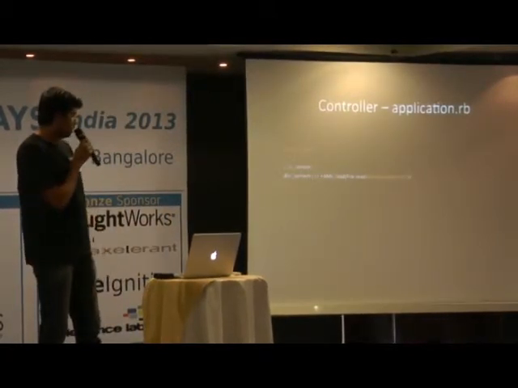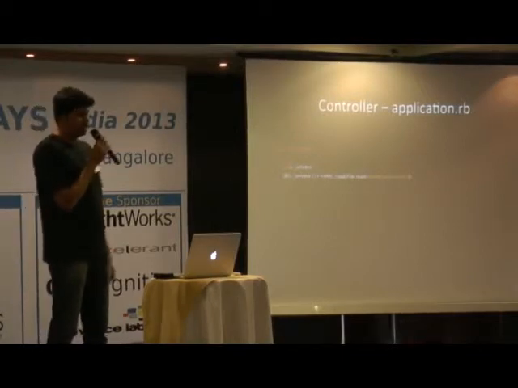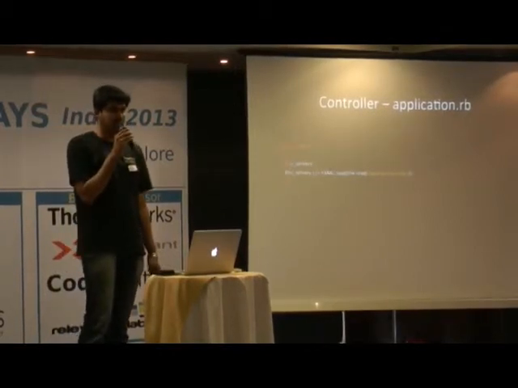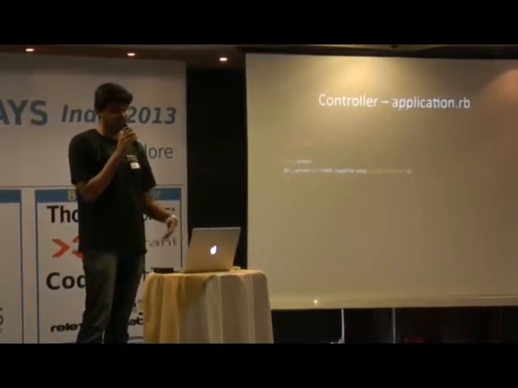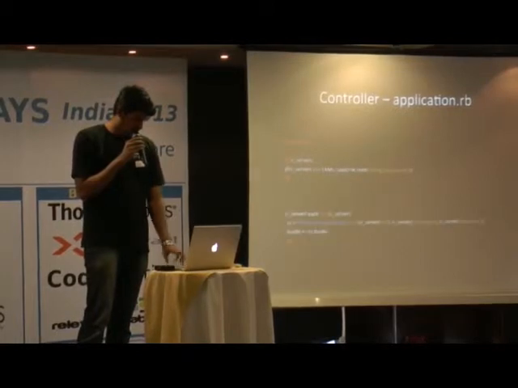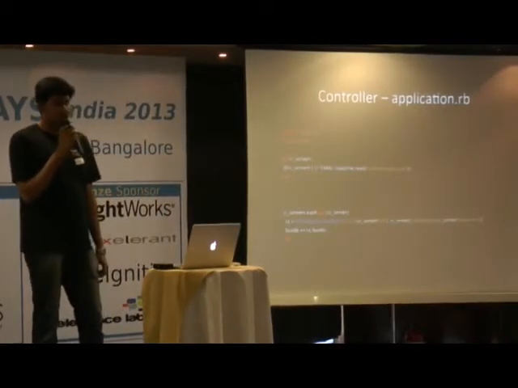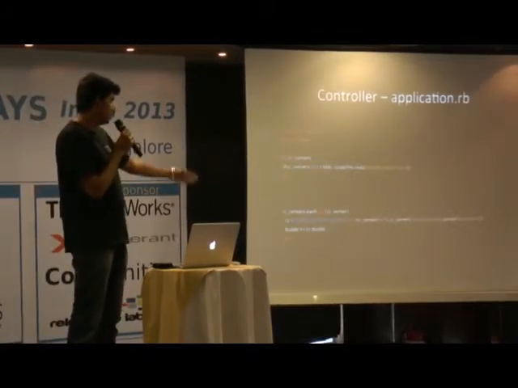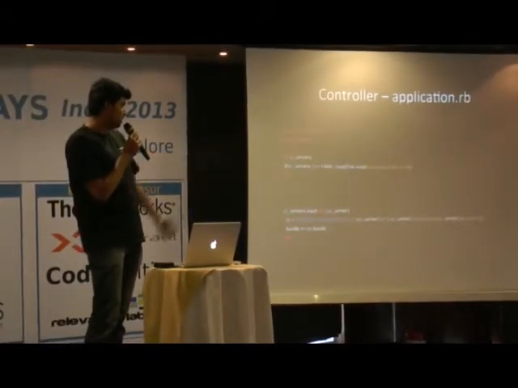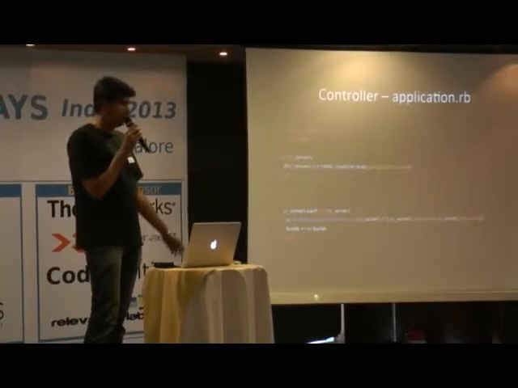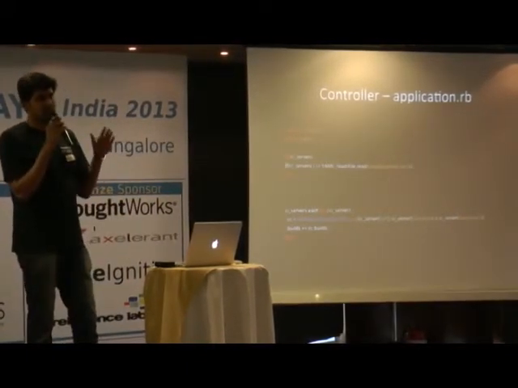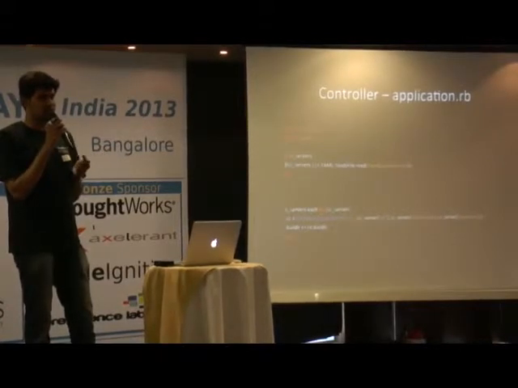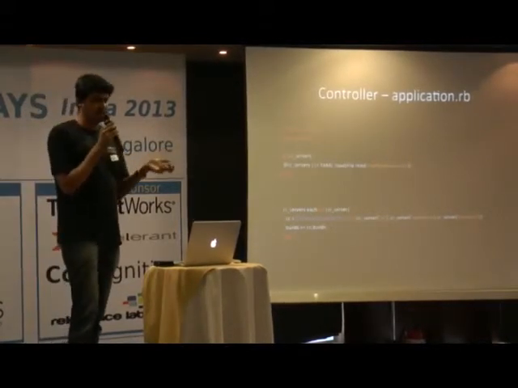Now the next step is the logic. In the Sinatra controller, I'm loading up the YAML file that I just created, which has the list of projects, list of servers. And there is a nice gem called CI status. What CI status does is it will take in the CC tray URL, the username and password if any, and it will fetch the CC tray from the CI server, and it will also parse the XML, and it will give you a nice list of builds.